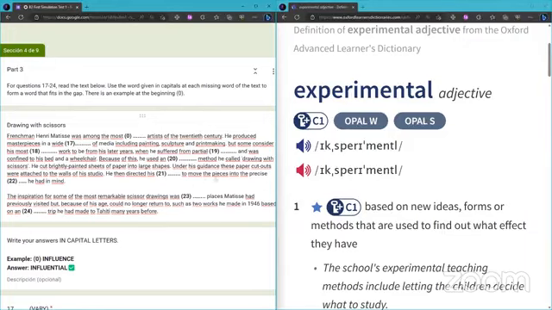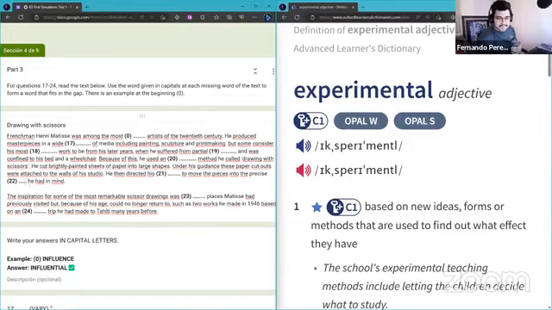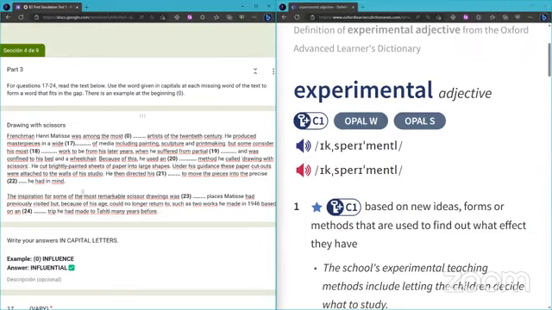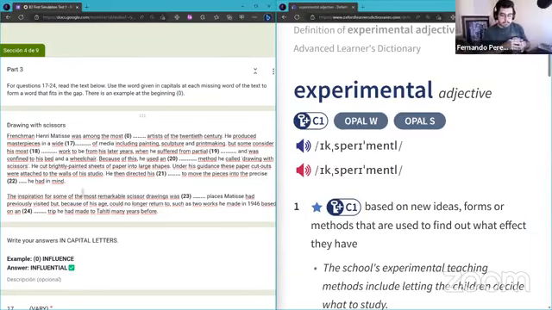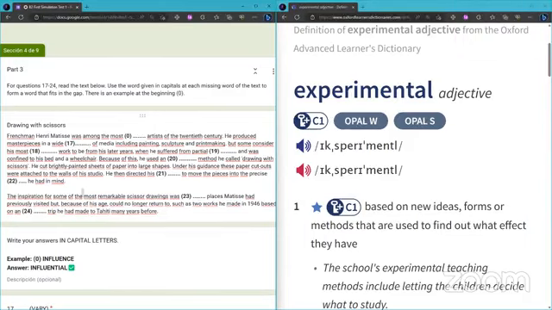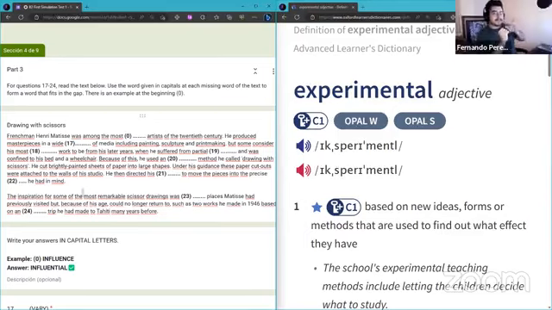Next one: to move the pieces into the precise space he had in mind. Michael, what type of word do we need in number 22? A verb. How do you know it's a verb?